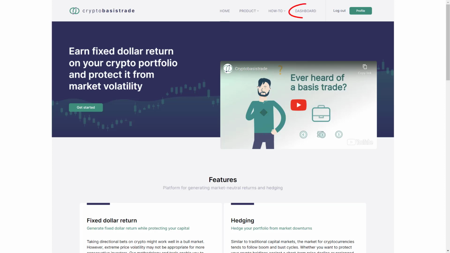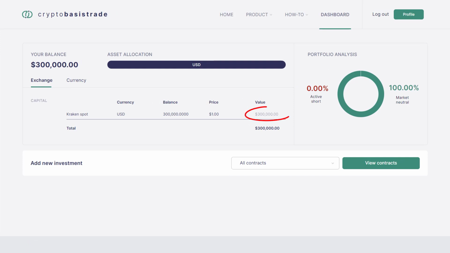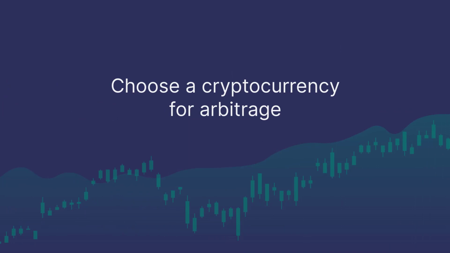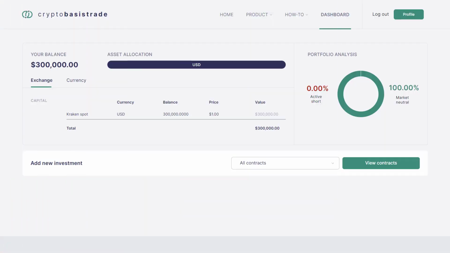Let's head to our portfolio dashboard. Here, the user has already deposited $300,000 at Kraken exchange. Next, let's choose a cryptocurrency for our basis trade. You can use any of the supported coins based on the available spreads, liquidity, your personal preference, or any other considerations.